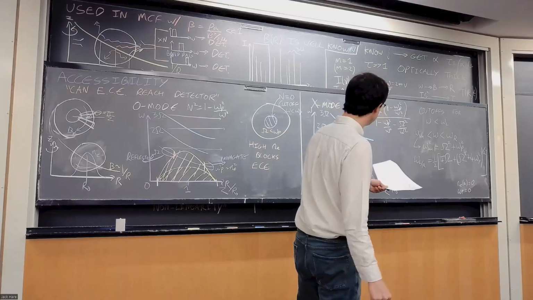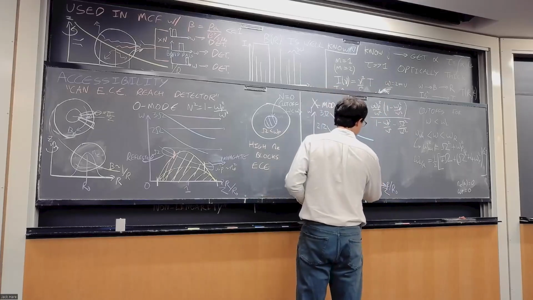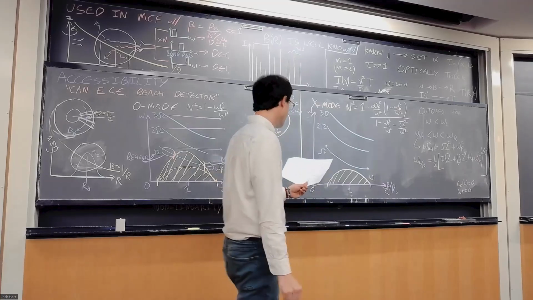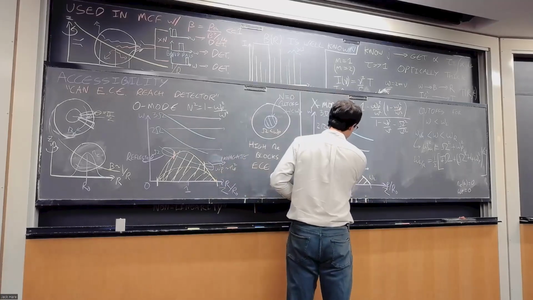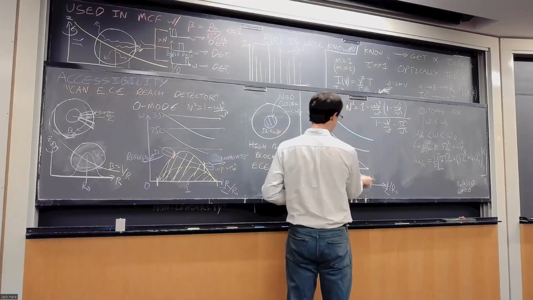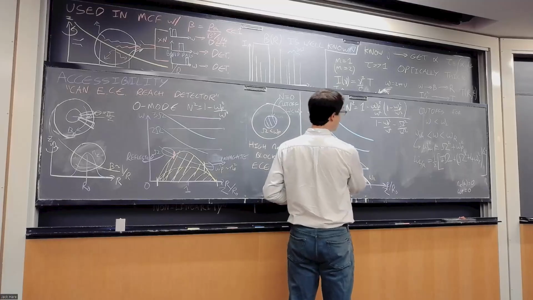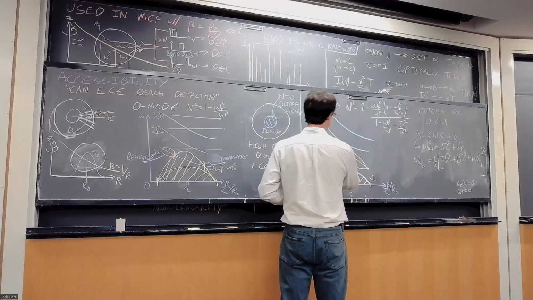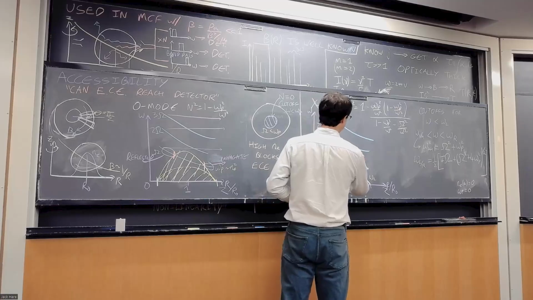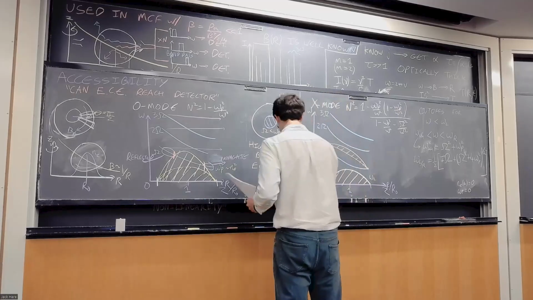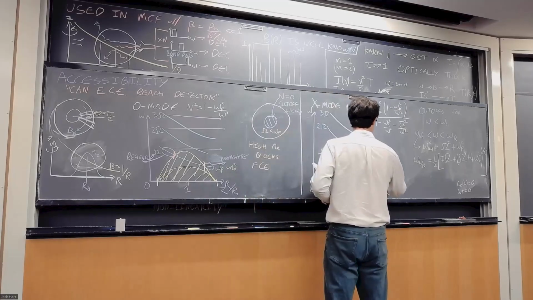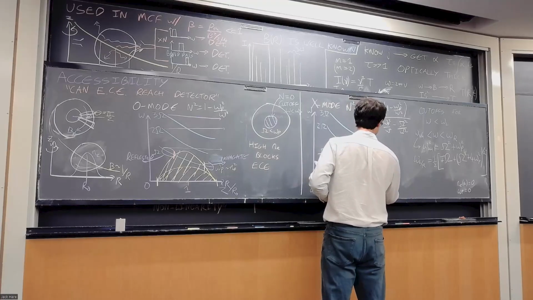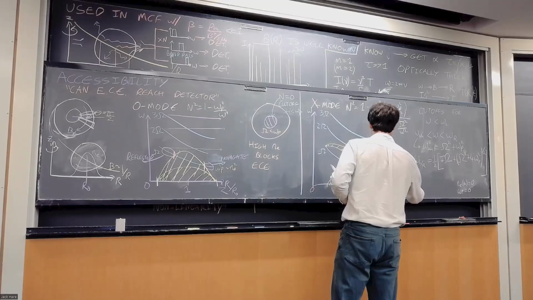We can play the same game at the other side, here and here. If you stare at these for a little while, you'll realize that the upper hybrid is always slightly higher than the first harmonic, and the right-hand resonance is even slightly higher than that. So this is the right-hand frequency, and this is the upper hybrid.